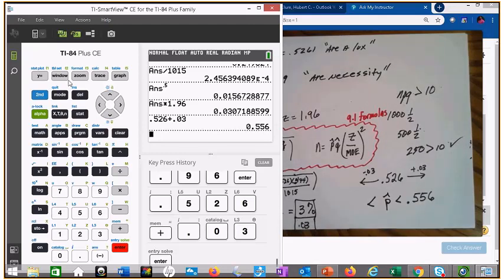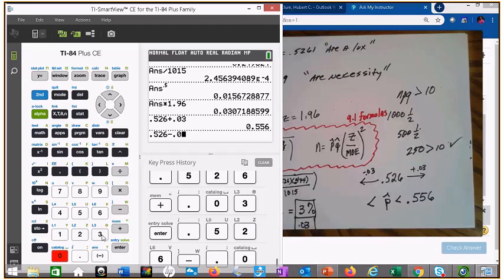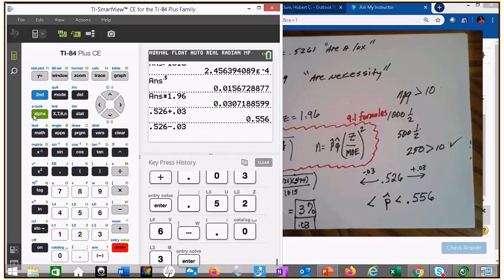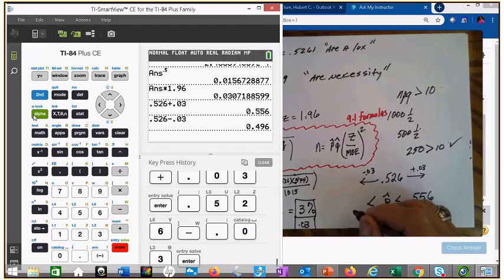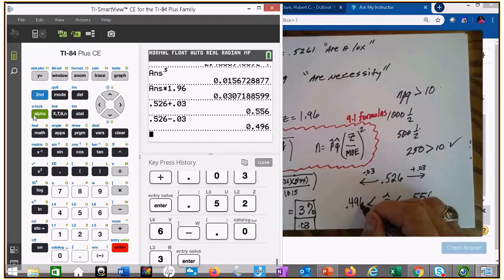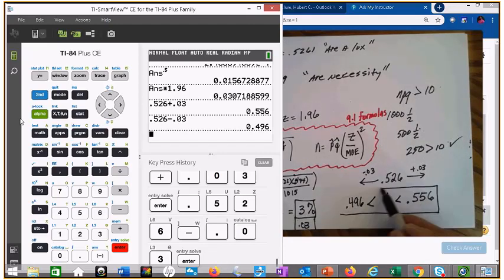And 0.526 minus 0.03, 0.496. And this is your confidence interval.